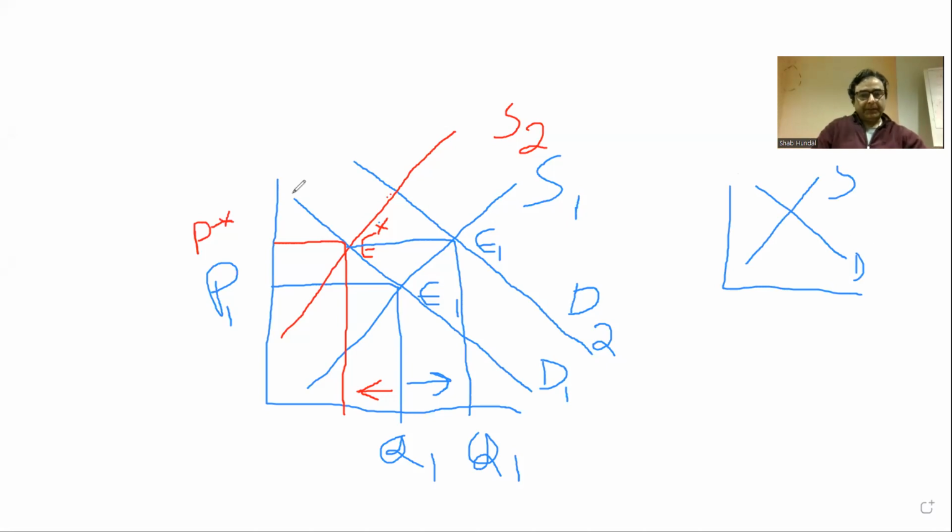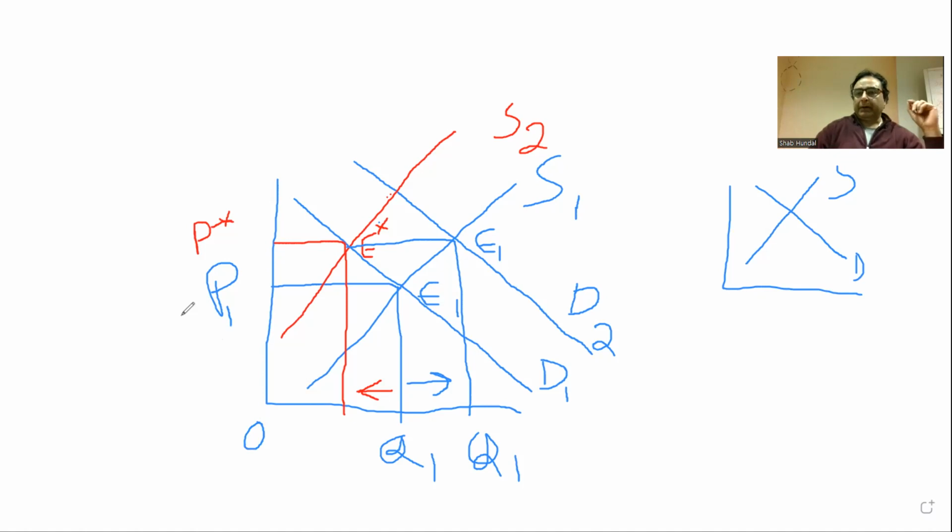D1 is the initial demand curve, and S1 is the initial supply curve. The equilibrium is taking place at E1, right? And there is O, the origin, and OQ1 is the amount of output, income, and employment in the economy. And then the price in the market is OP1 per unit. This is what it is to begin with.